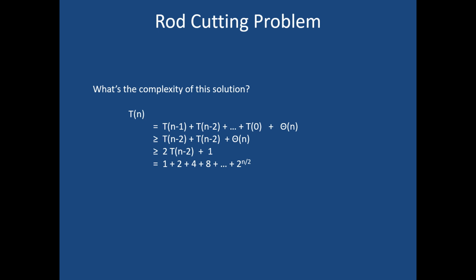And it turns out, if you look at that, it's a geometric series, which is greater than or equal to 2 to the n over 2. So the complexity is at least square root of 2 to the nth power. So it is exponential. Not a practical solution.